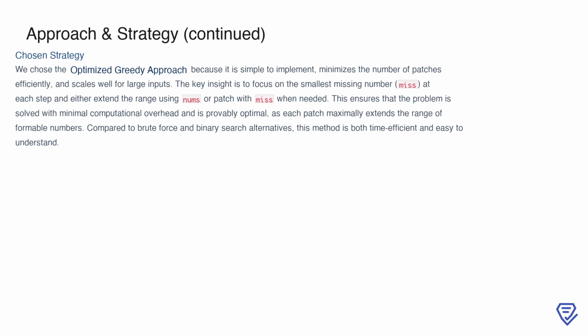Each patch doubles the range of numbers that can be formed, ensuring that we solve the problem with the fewest possible patches. This approach is not only computationally efficient, with minimal overhead, but also optimal in terms of the number of patches required. Compared to the brute force and binary search methods, the greedy approach stands out for its practicality and ease of implementation, making it the most effective and accessible solution for this problem.